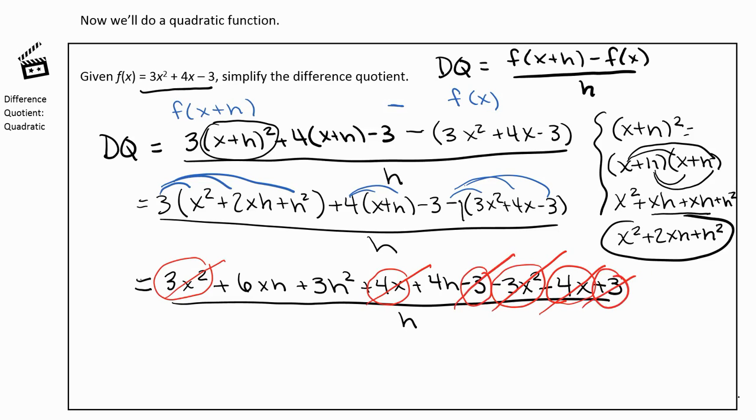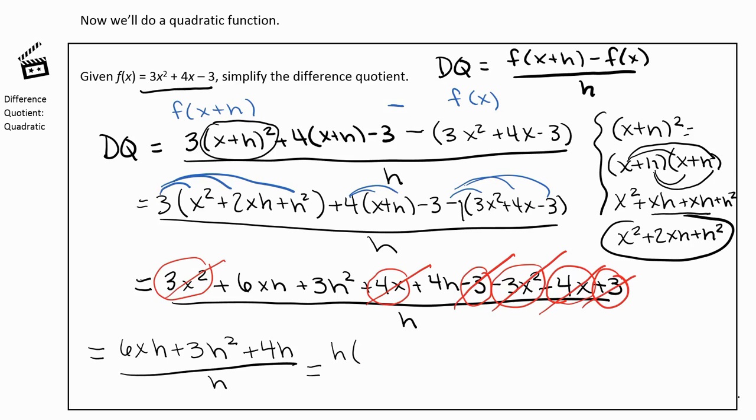So after all this canceling, we get 6xh plus 3h squared plus 4h all over h. Now, since every term has an h in it, we can factor an h out front. So we can pull an h out of every term.